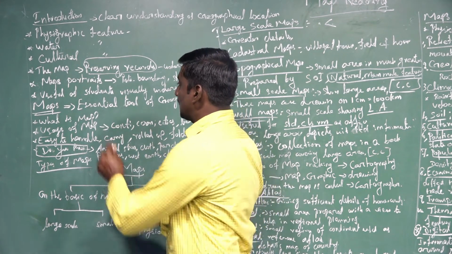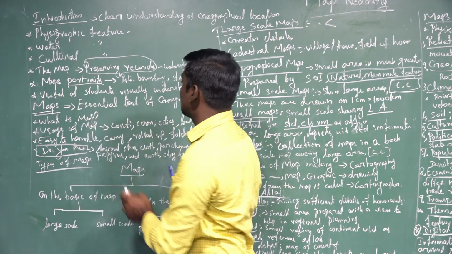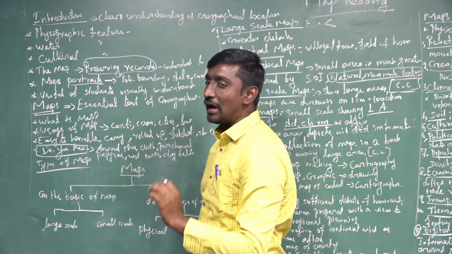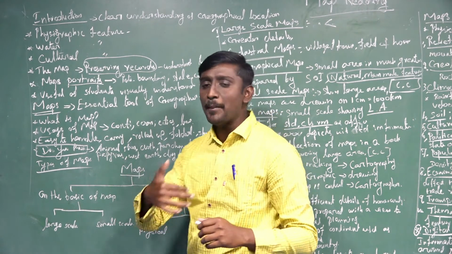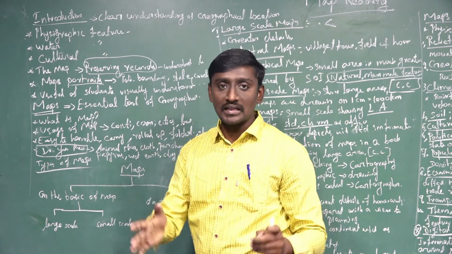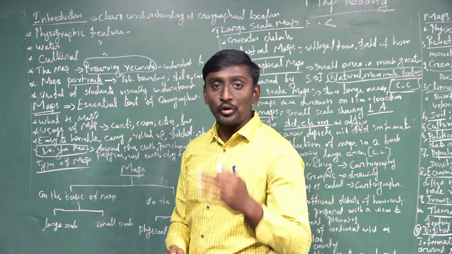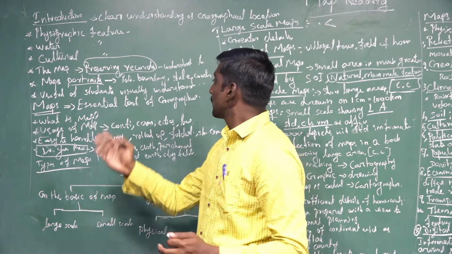And map portrays political boundaries, states and countries. So a map shows the political regions and boundaries.